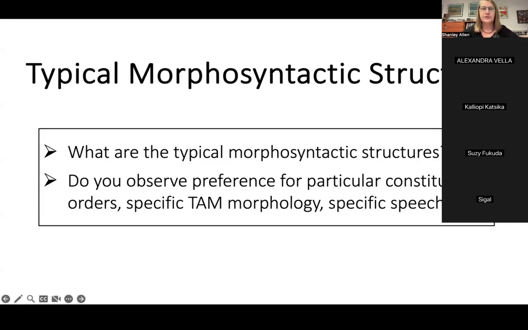So a couple of questions that come up from the manual are, what are the typical morphosyntactic structures used in child-directed language? And do you observe a preference for particular constituent orders or specific tense, aspect, mood morphology or specific speech acts or whatever? So we looked at those questions.